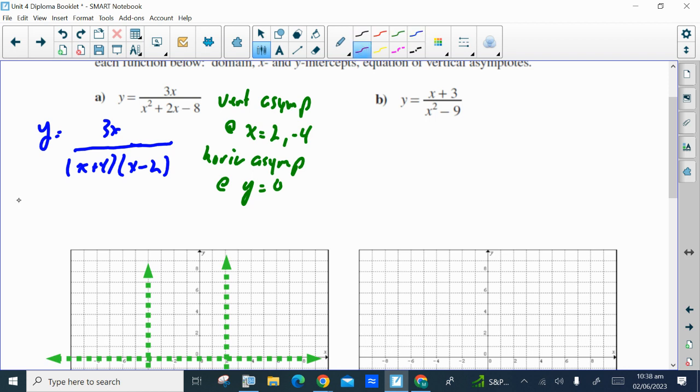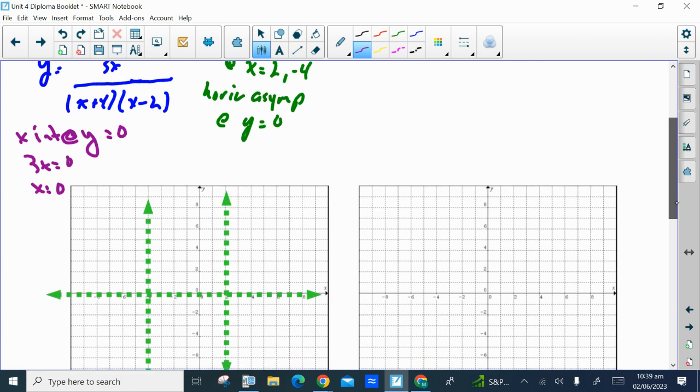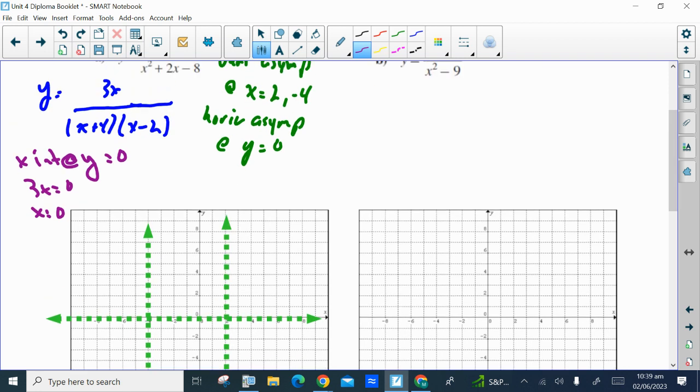Our x-intercept is where y equals 0. And a rational function equals 0 when the top equals 0. That's where 3x equals 0, so x equals 0. So in this case, that means it's the point (0, 0). The origin is both the x and y intercept.